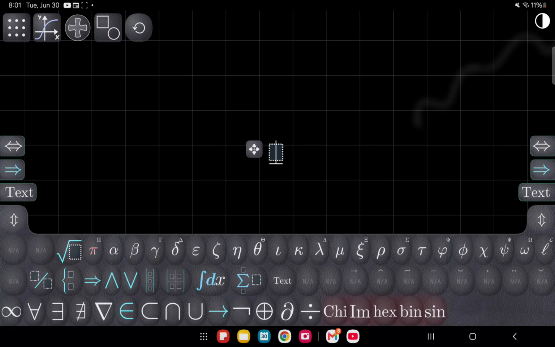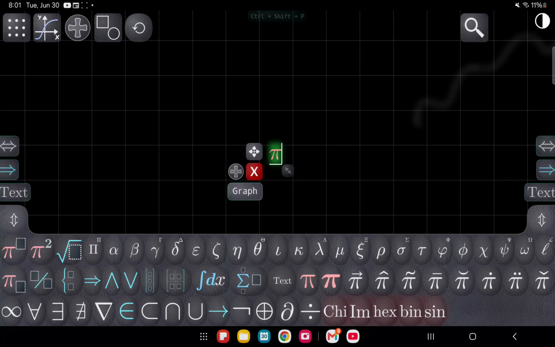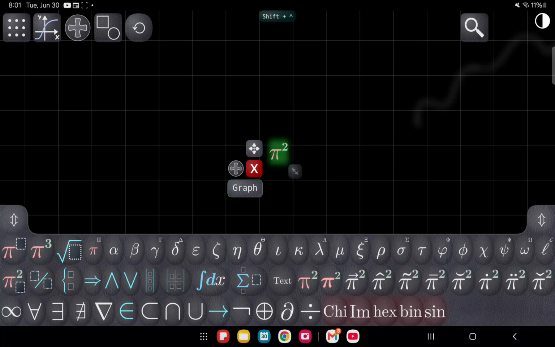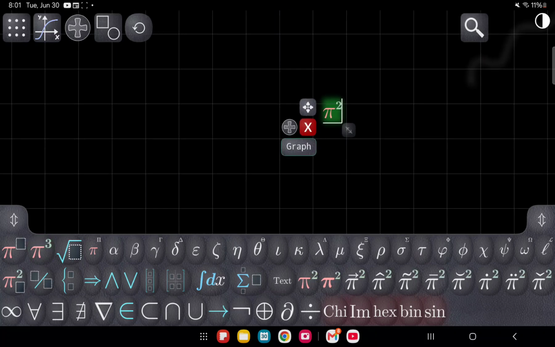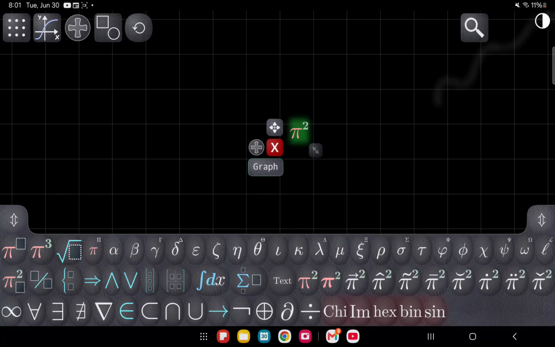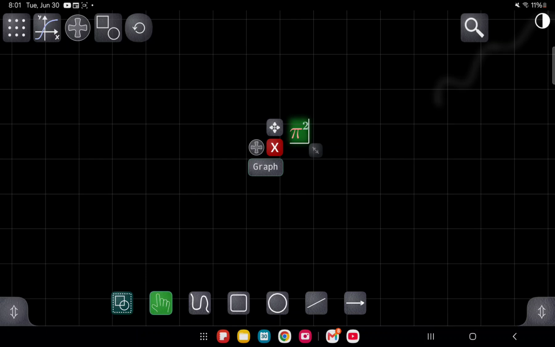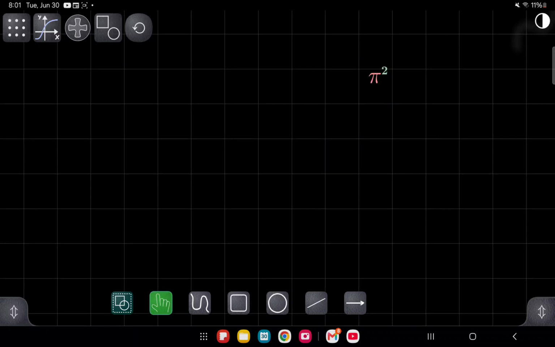Well, it doesn't show Greek letters. Where are the numbers? Pi squared. Shift plus power? A curve.